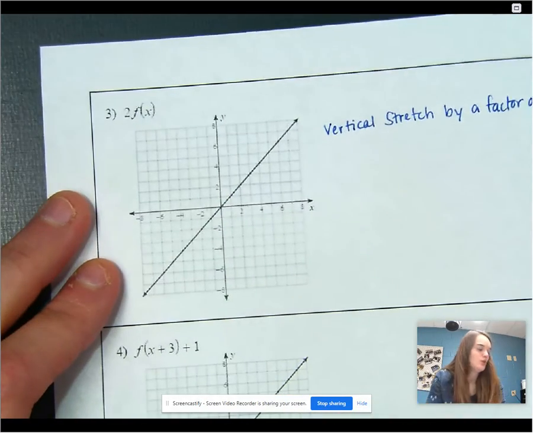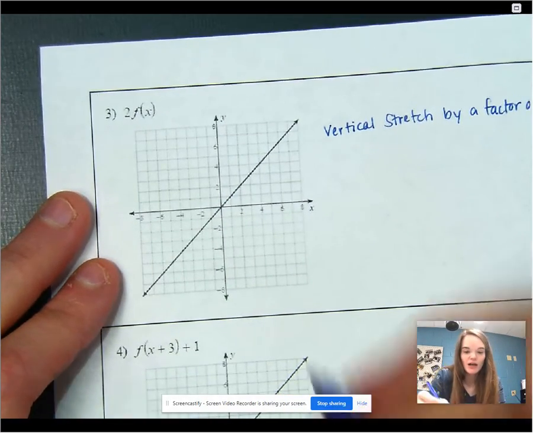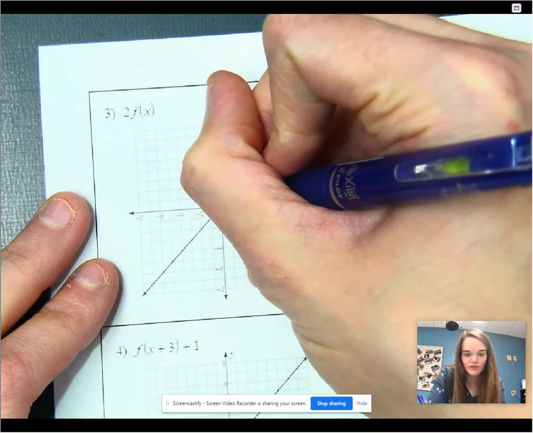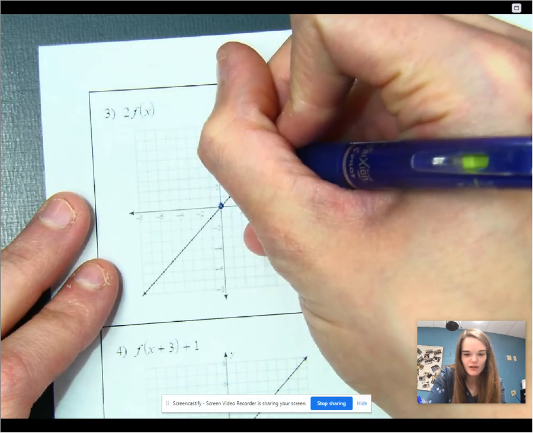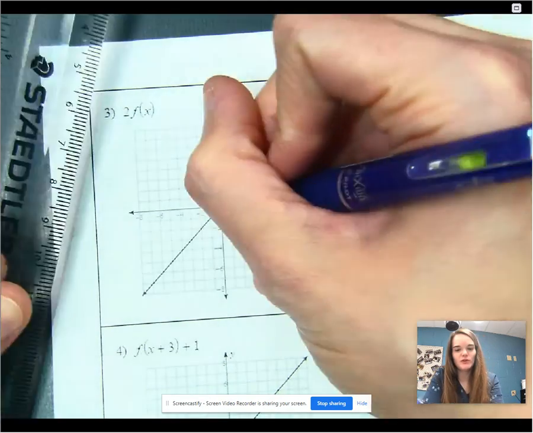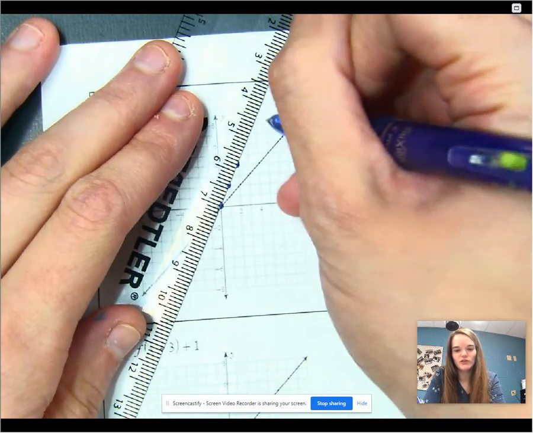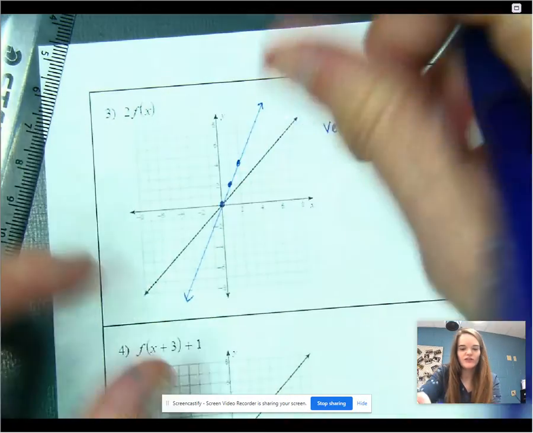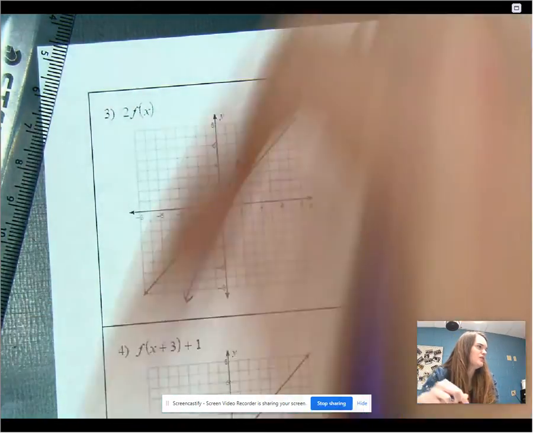That means my slope is going to change. Instead of up 1 over 1, I'm going to go up 2 over 1. It's still going to be at 0, 0. It's just going to stretch out. So there is my new one. It's like I took this and I stretched it out.